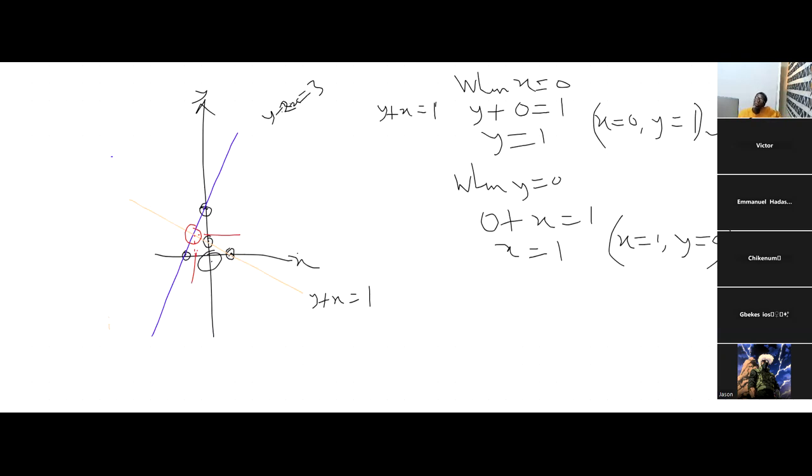Those will be the values of y1 and x1. So that's how to do graphical solution when it comes to a set of linear equations.